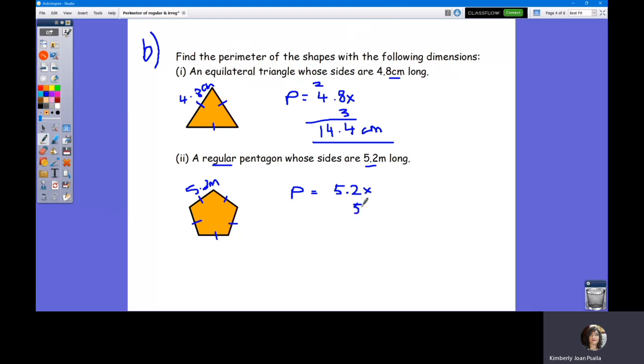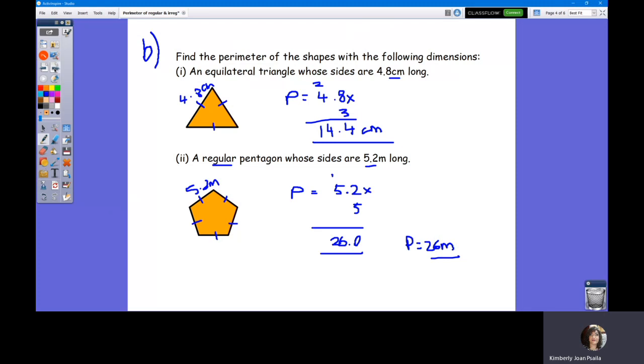We have 5 sides. So 5 times 2 gives us 10, remainder 1. We write the decimal point here. 5 times 5 is 25, plus 1 gives us 26. So my answer P is equal to 26 meters.